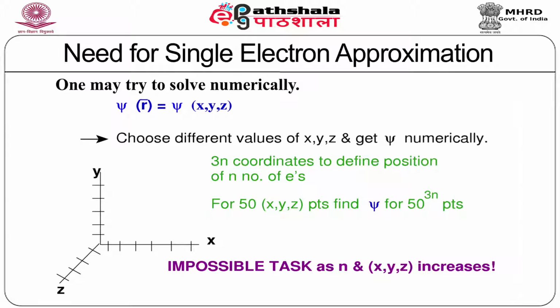As is clearly understood, this will be an impossible task if the number of electrons n and the real space coordinates x, y, z increase. This calls for the necessity of the single electron approximation, which will be discussed in the following.